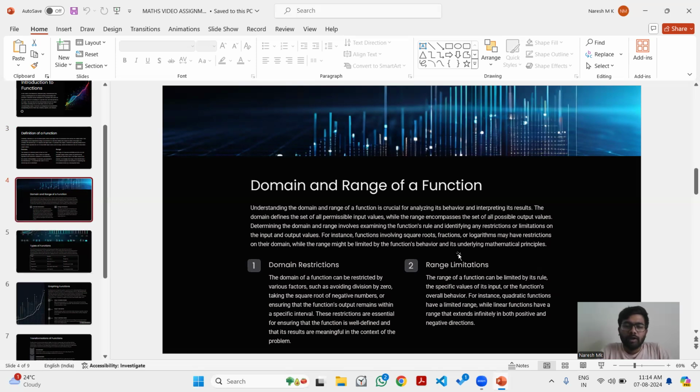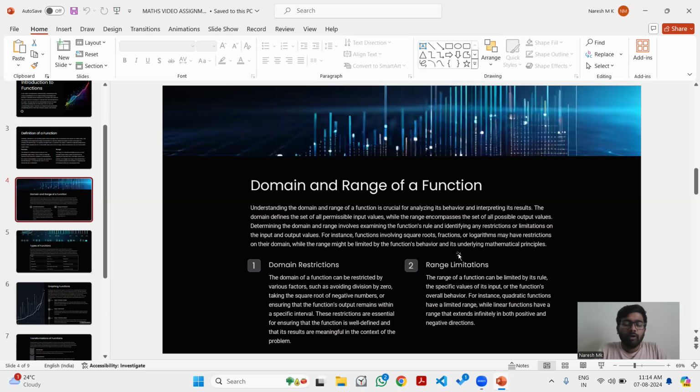Determining the domain and range involves examining the function's rule, identifying the restrictions and limitations on input and output values. For instance, functions involving square roots or logarithms may have restrictions on their domain, while the range might be limited by the function's behavior and its underlying mathematical principles.